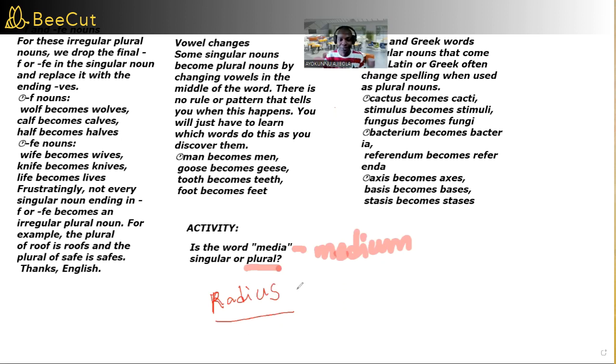Yes, sir. Very good. So radius, is it singular or plural? Plural. And who said plural now? Let me hear who is answering me. Ire said plural. Saeed, what do you say? Singular. Why? If you think it's singular, what is the plural, Saeed?